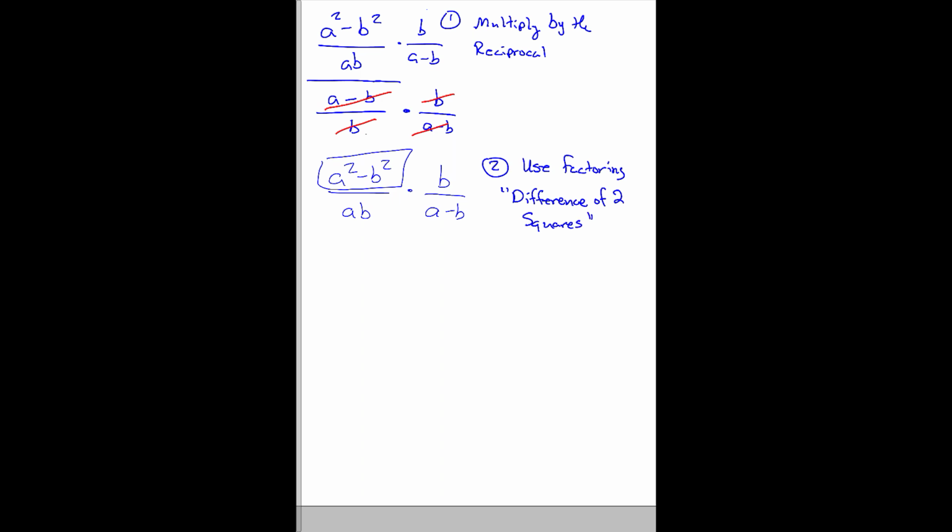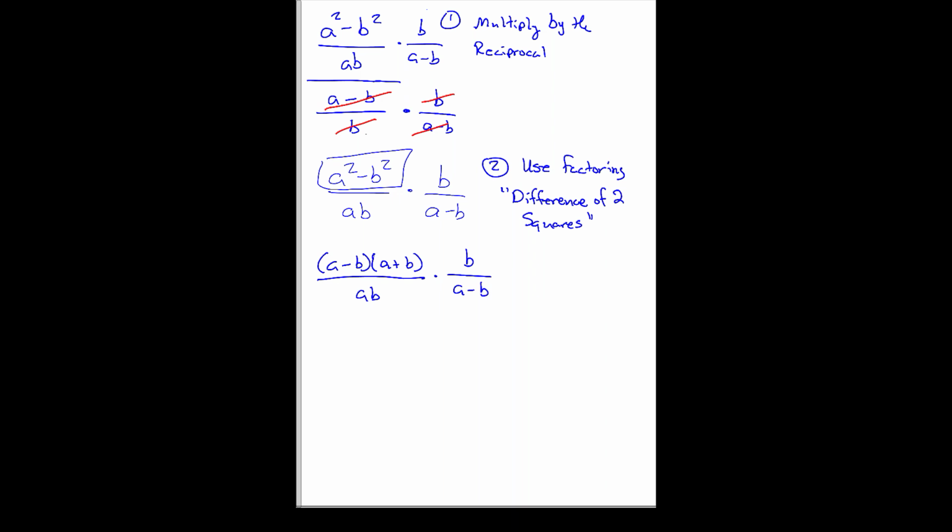Okay, so we're going to factor this a squared minus b squared. How we factor it is in two parentheses. So that would be a minus b times a plus b. Okay, and then still all over ab times b over a minus b.